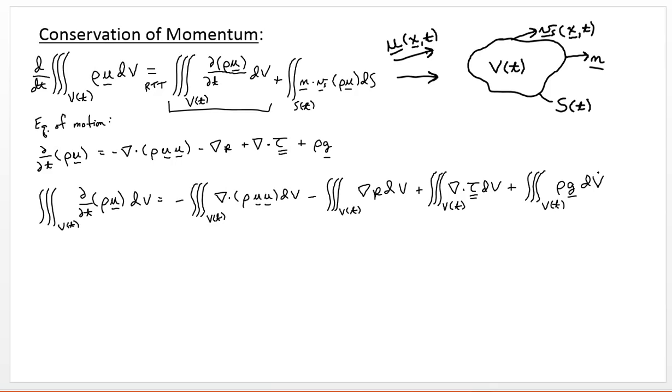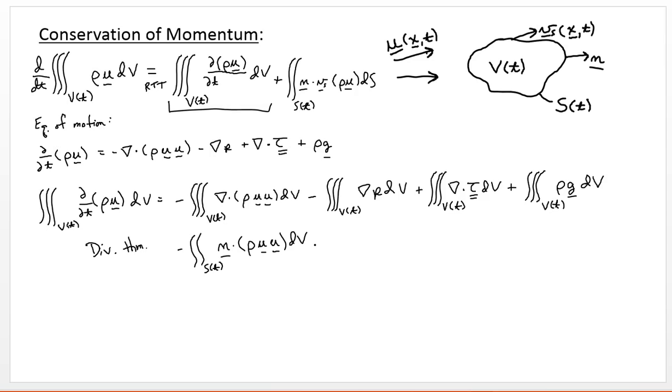So now what we can do is apply the divergence theorem to the first three integrals on the right-hand side of this equation. If we do that, this first term becomes minus the surface integral of n dot rho u u, dS. We simply change the gradient operator to the normal vector n.